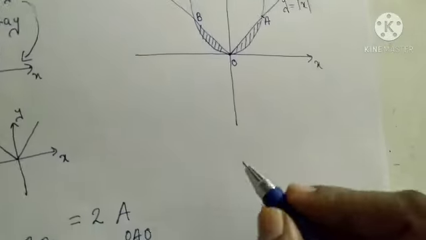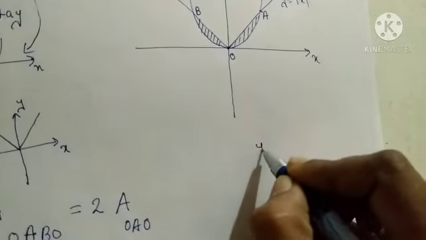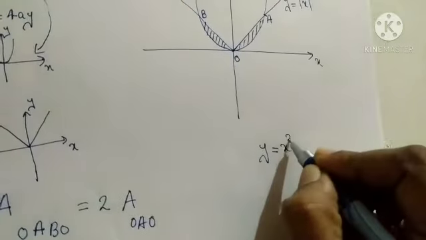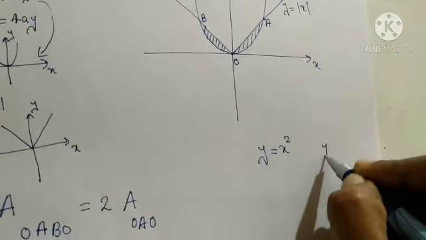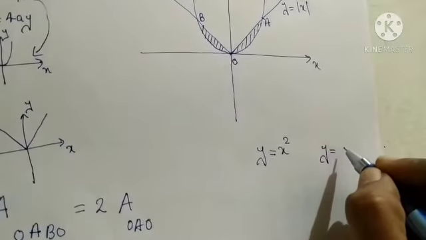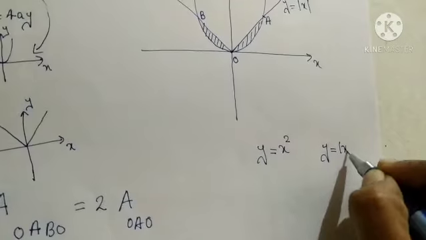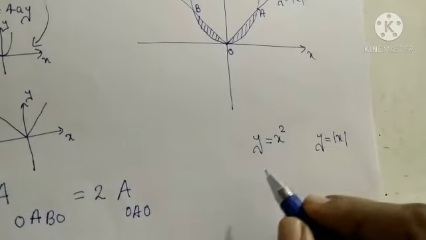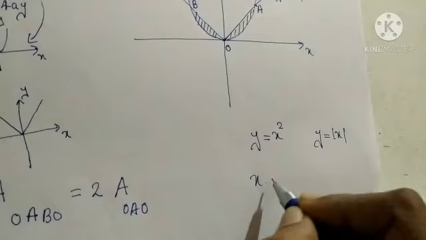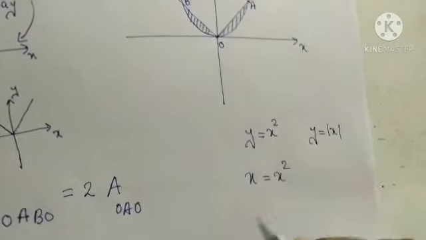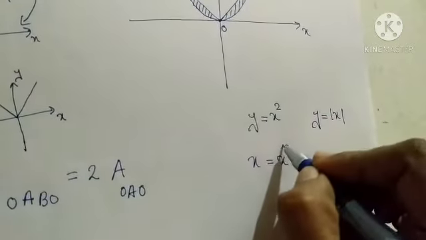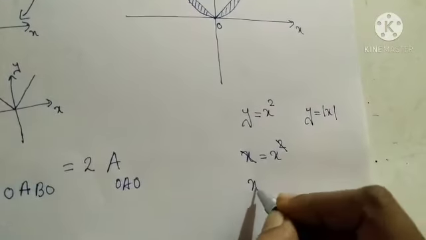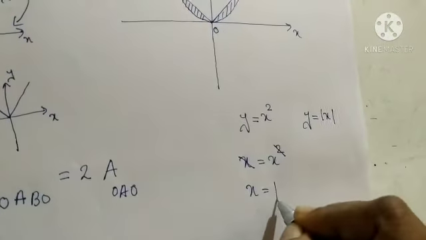So here our parabola has the function y equal to x square, and the modulus function has the function y equal to mod x. Next I am going to substitute y equal to x here. So we get x equal to x square. Cancelling one x, we get x equal to 1.